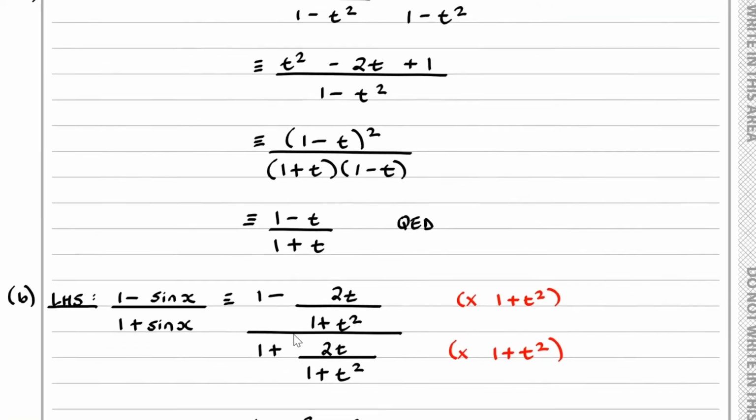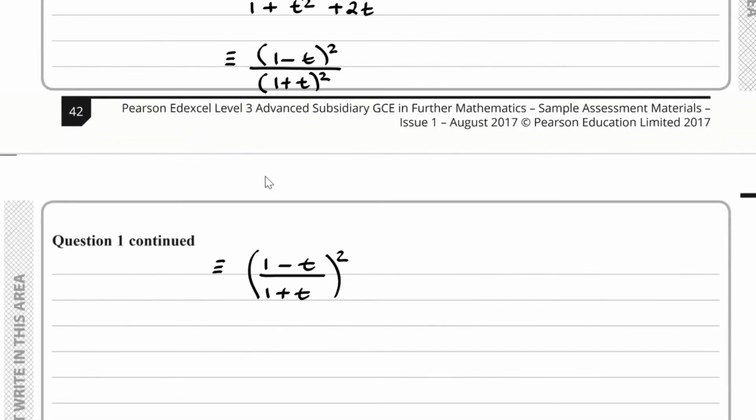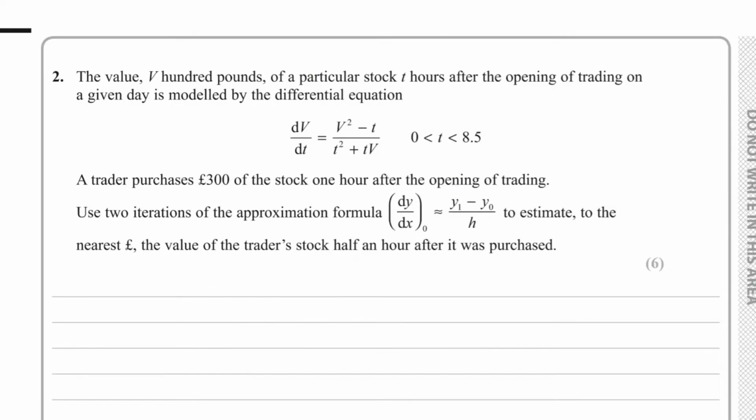And if you look at what we have in part A, (1 minus t) over (1 plus t) is the same as sec x minus tan x. So this thing over here is the same as (sec x minus tan x) all squared. And therefore, because the left hand side is equivalent to the right hand side, the result is true.